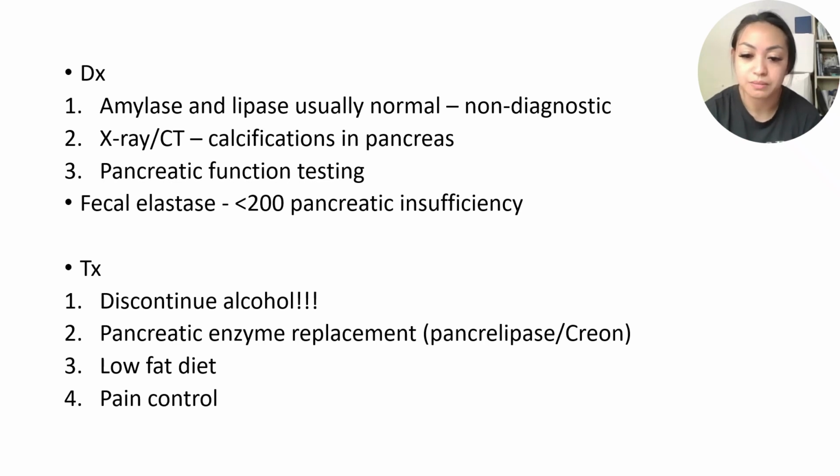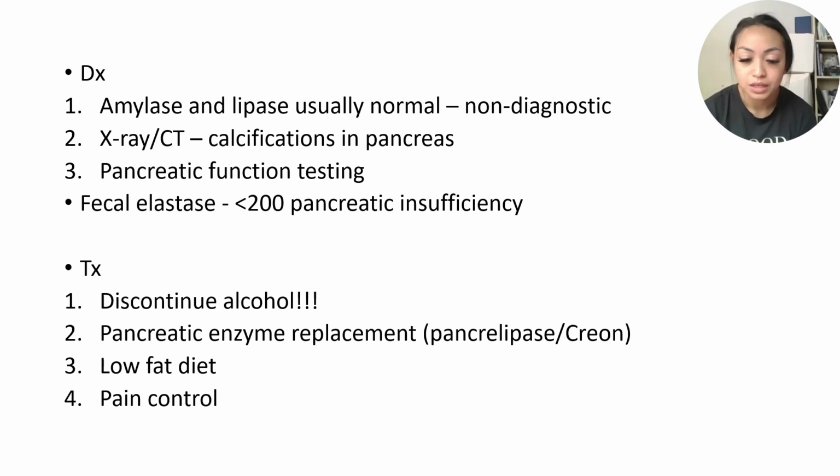So we can give them like Creon. So that's the brand. So it's just replacement for pancreatic enzymes. So pancrelipase, or Creon.